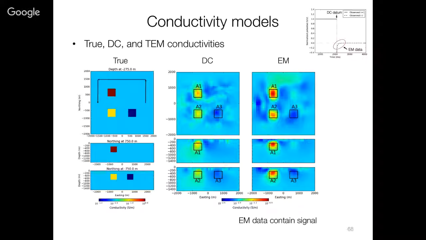If we look at the conductivity model, the true one is like this. The result that comes out from DC resistivity looks like this, and the EM inversion looks like this. The DC resistivity is doing a good job, but the EM has a lot of data information in it, and it's actually picked out a nicer copy.